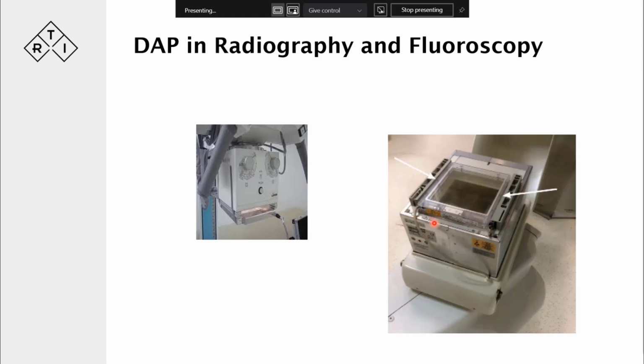But they will be built in and connected to the X-ray system itself, feeding back the DAP data, so that it can then be integrated into the PACS system to keep track of patient doses along the way.